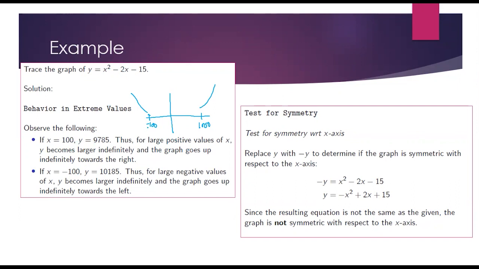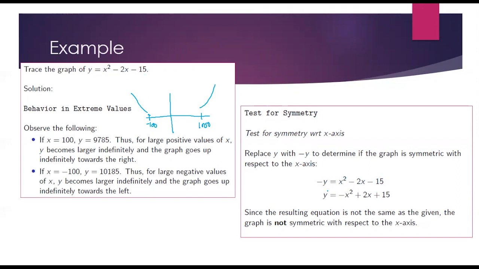So that is assigning extreme values for x to find the behavior of the curve. Next, how about testing for symmetry? We test for symmetry with respect to the x-axis. What is our technique again? You're going to replace y with negative y. Since you're given y is equal to x squared minus 2x minus 15, you're going to replace this y with negative y. So you have negative y is equal to x squared minus 2x minus 15.